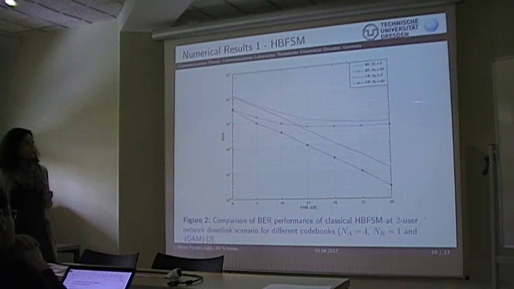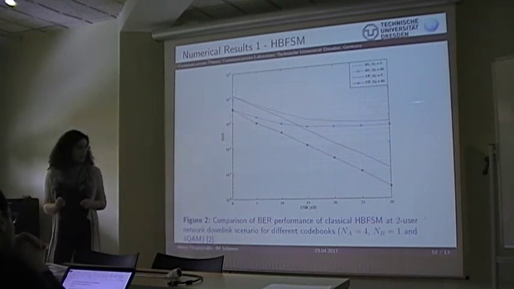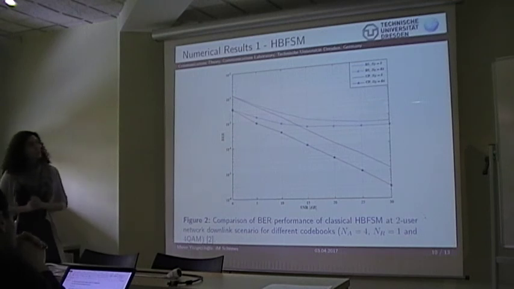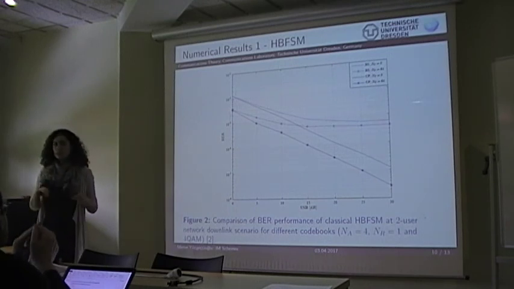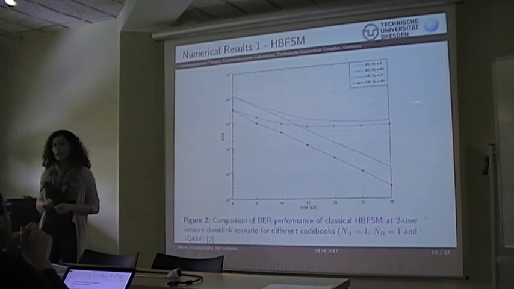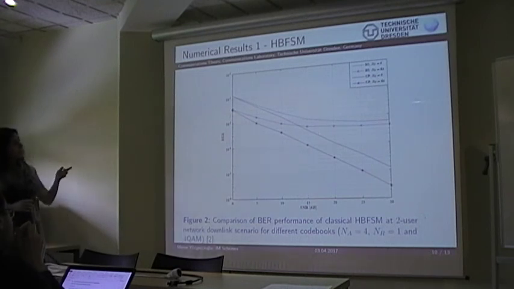For the purple line, I have chosen the analog beamformer vector among the transmit antenna array responses. If you would like, you can see at reference 2, it is stated that for large scale systems with a geometry-based channel model, the transmit and receive antenna array responses are the singular vectors of the channel, and the dominant path would be the optimal beamformer for that case. And we can see that the performance for the purple one is much better, and there is no error floor.